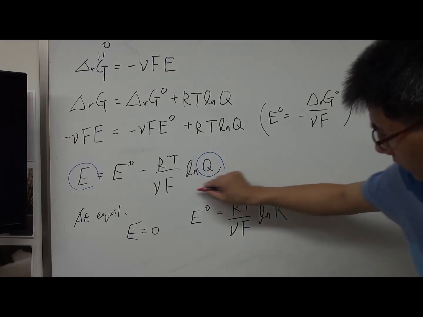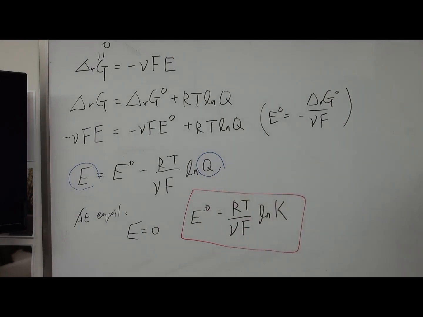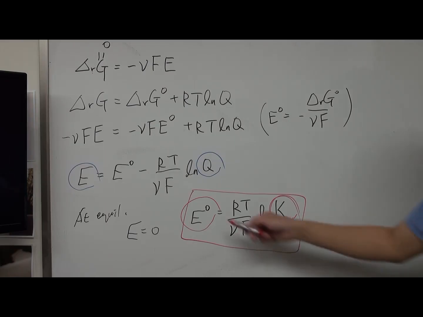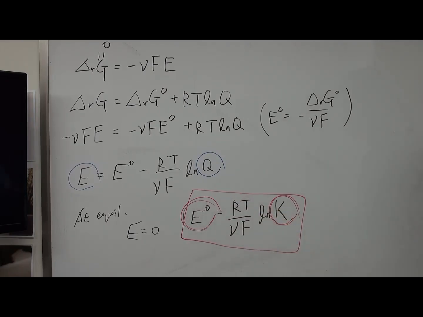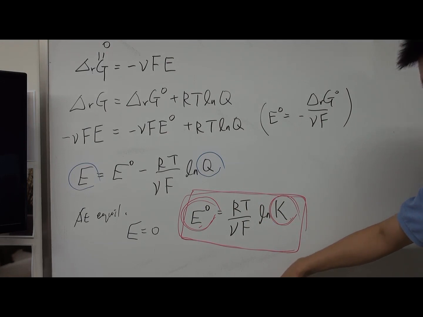It basically relates the standard electrode potential and the equilibrium constant. The equilibrium constant is determined based on the chemical reaction's equilibrium compositions, right? Electric potential can be measured by using a voltmeter for the electrochemical cell. This equation basically relates these two variables, so it is very important.